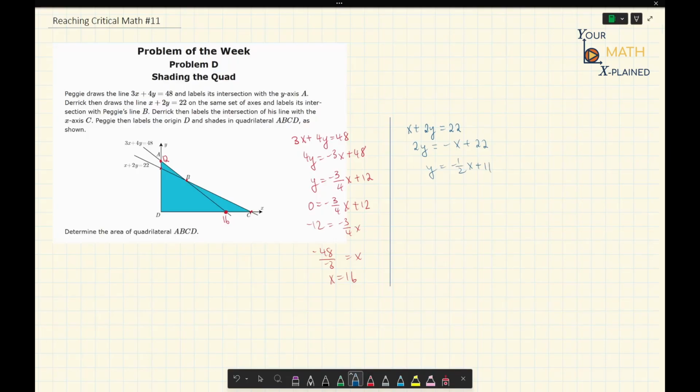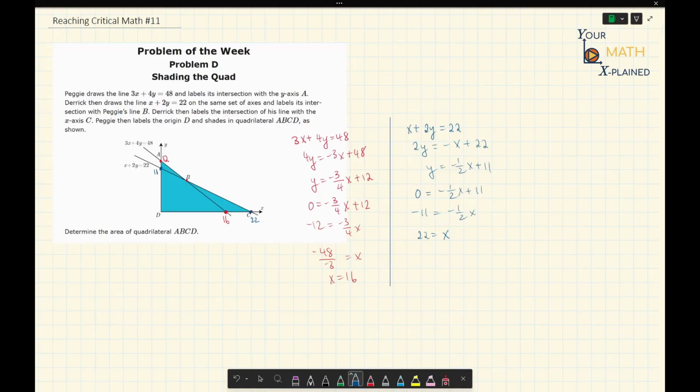So that tells us that we have a y-intercept of 11 for the line that is a little bit less steep, and we can find coordinate C as well using our x-intercept method, so setting y to be 0, and then solving, meaning we'll multiply both sides by negative 2, we'll get x is 22. So we now know that C is 22.